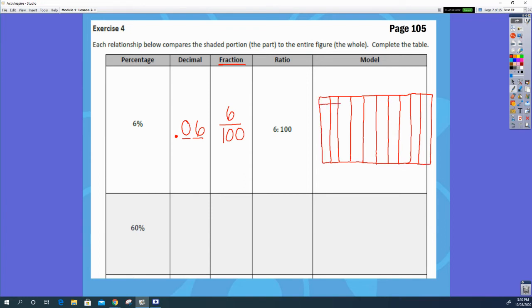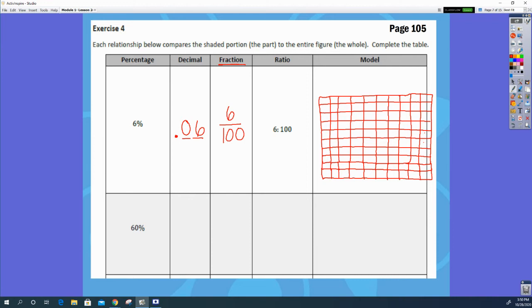Okay, and we have 10 rows. All right, so there is my grid of 100.